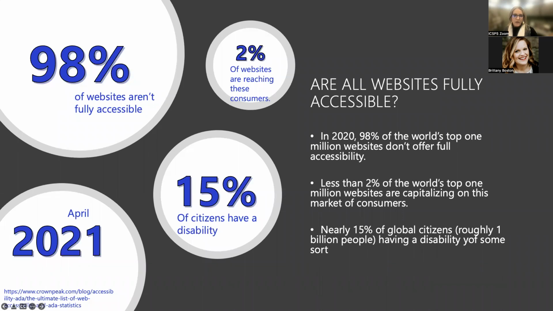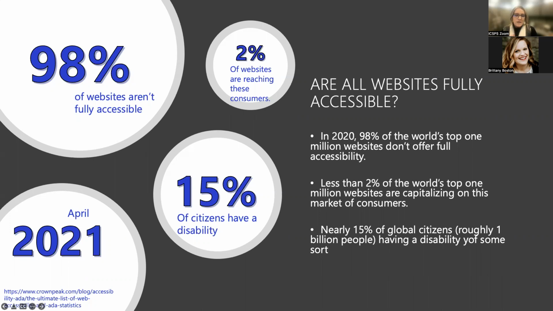I wanted to give some background knowledge about whether all websites are fully accessible. The statistics are kind of alarming at how many aren't. According to a user experience study in 2020, 98% of the world's top 1 million websites don't offer full accessibility.